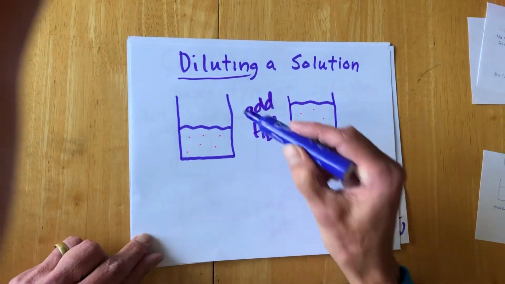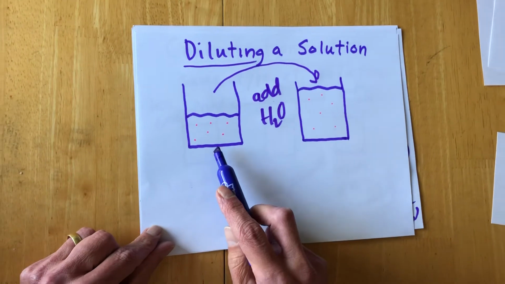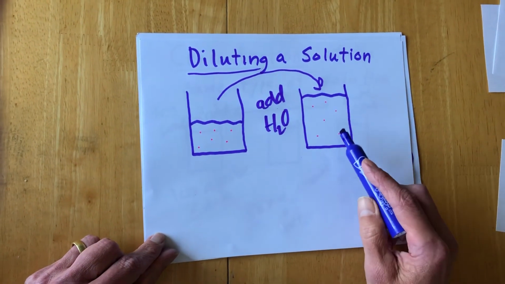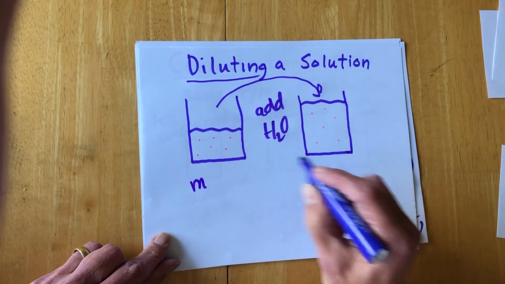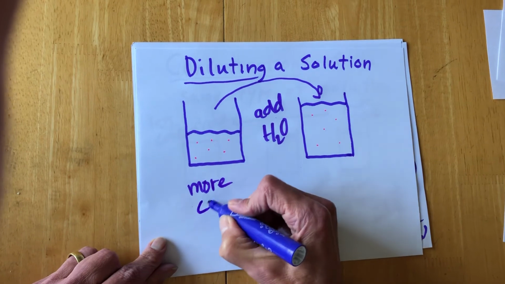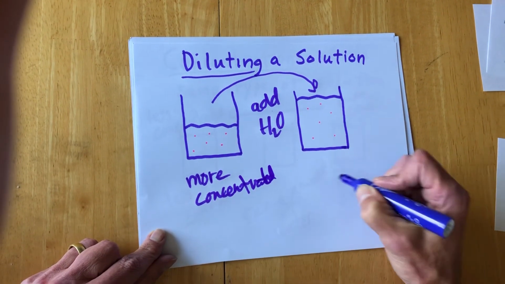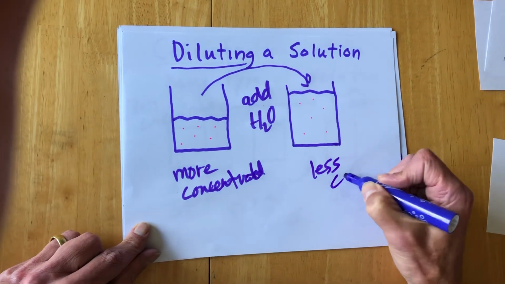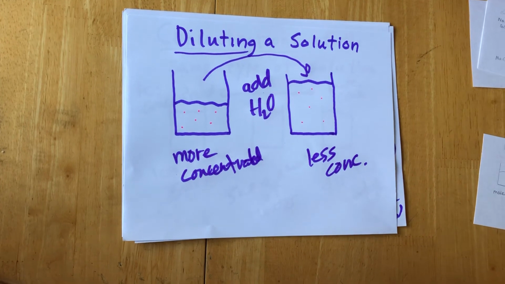So when you add water, you go from here to here, same amount of solute, but there's more water. In these 2 beakers, you would say this is more concentrated, and this would be less concentrated, simply because you've added more water, okay?